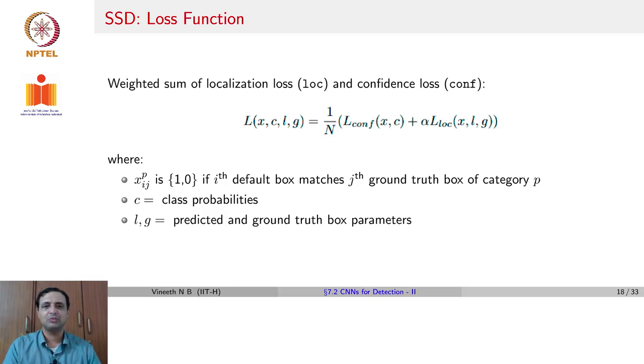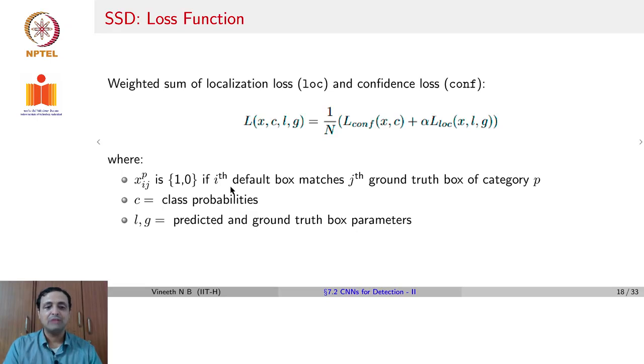Very similar to the loss functions we have seen so far. SSD implements a localization loss function and a confidence loss function. The confidence loss function compares the confidences x and c. c are the predicted class probabilities and x's are the ground truth. The way the ground truth is written is you have x_ij^p given by 1 or 0 depending on whether there is an object or not.